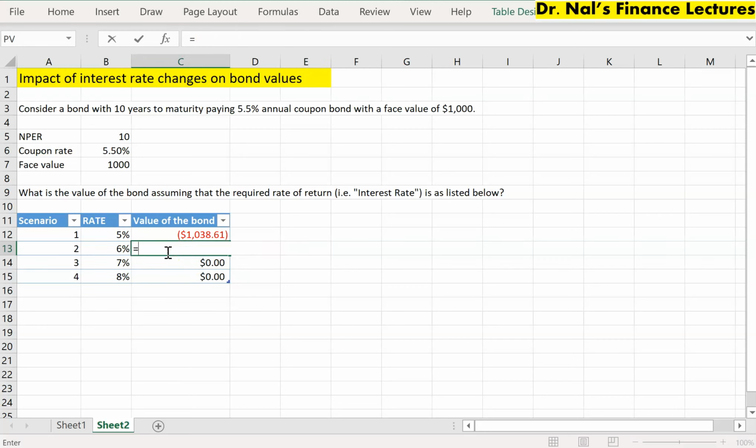Let me see if it gives the correct formula. Equal to PV. All right, so the rate is this number, comma, the number of periods didn't change, comma, the payments will be this number times this number, comma, and the future value is this number again.